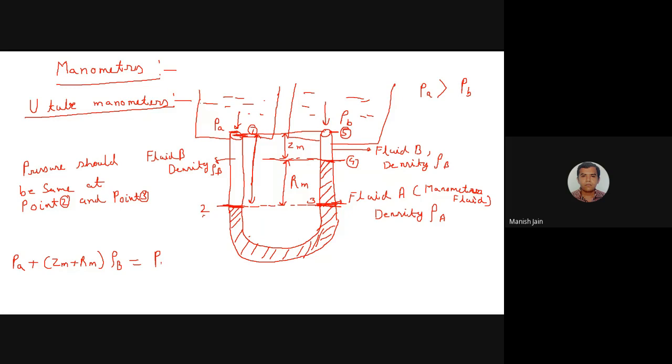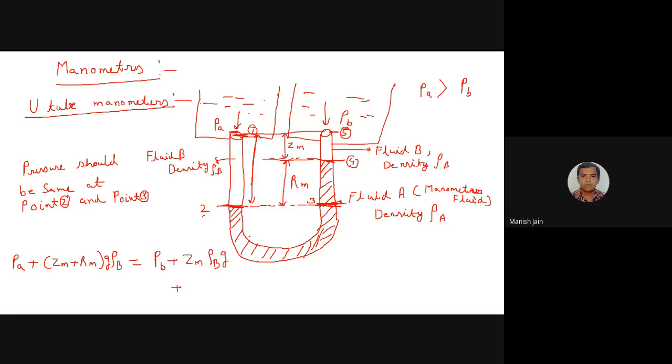So PB plus the pressure from point 4 to point 5, the height of fluid from point 4 to point 5, that is Zm multiplied by rho B. Okay. Plus this height, this is the fluid A. Here G, gravity, will also come, then it will become force. Okay.